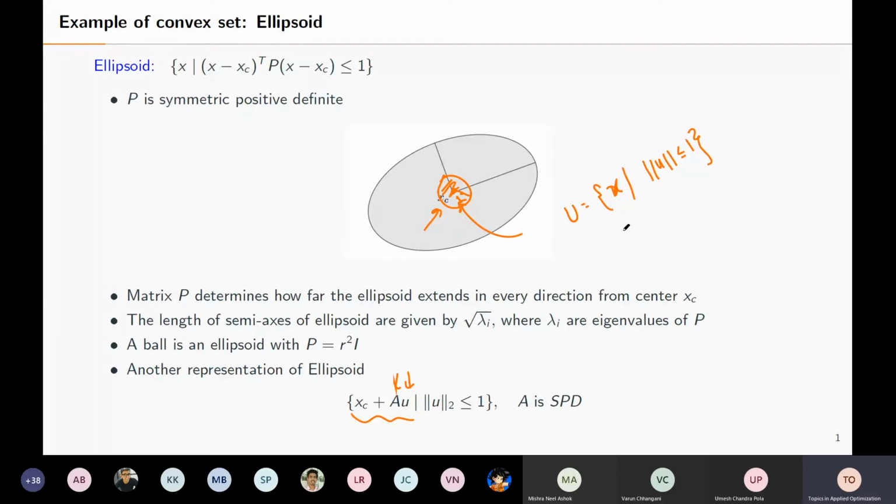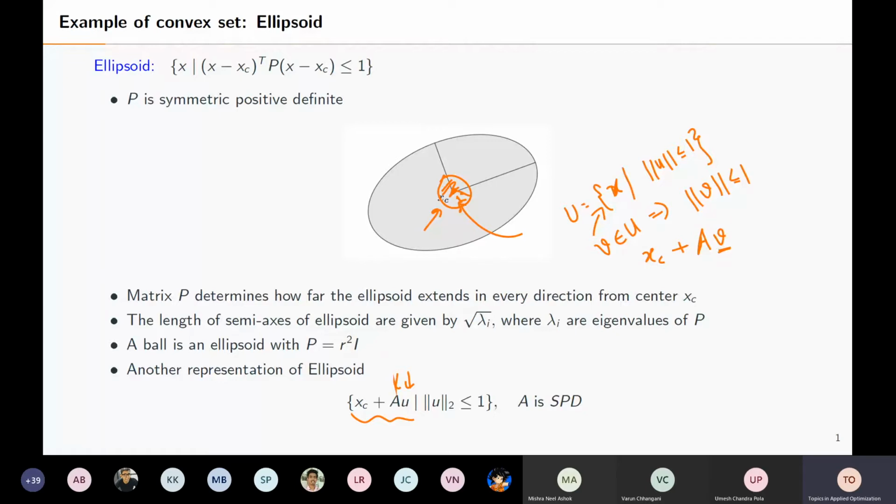You can take any vector from here. Let us say V is in U, which means that norm of V is less than or equal to 1. Then what I'm looking for is XC plus A times V. Now it depends on how V is aligned.